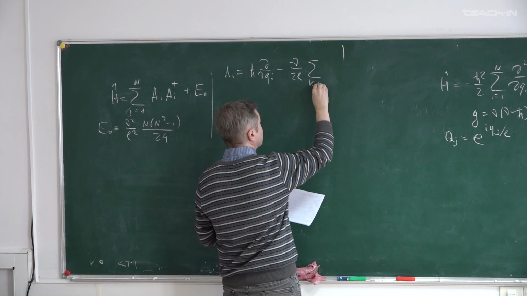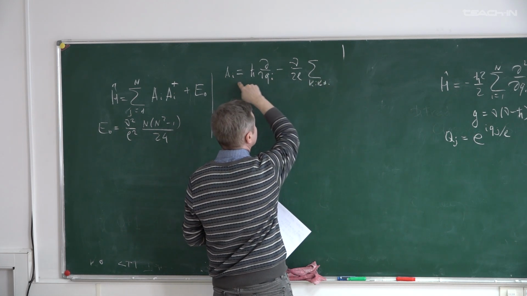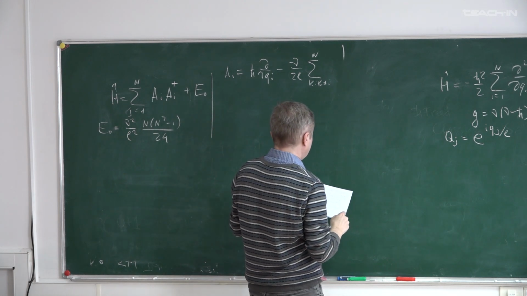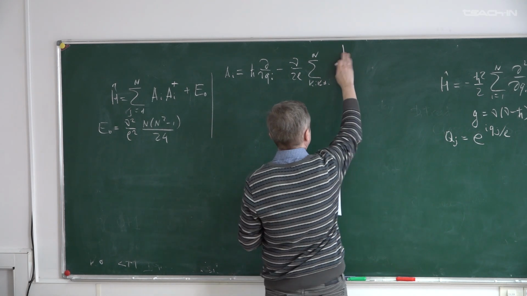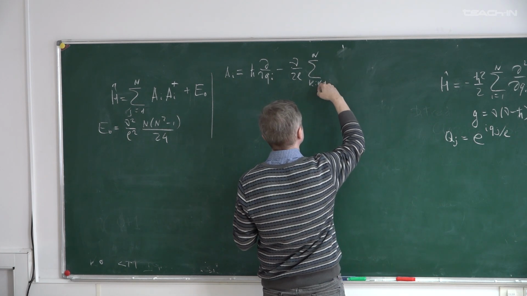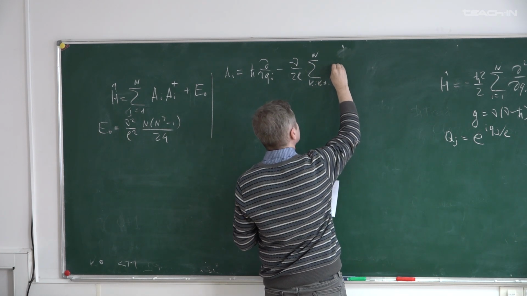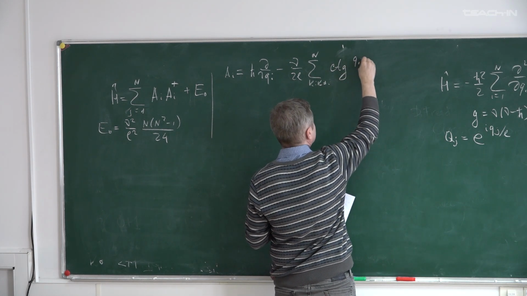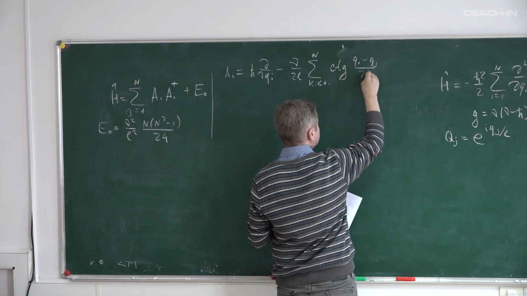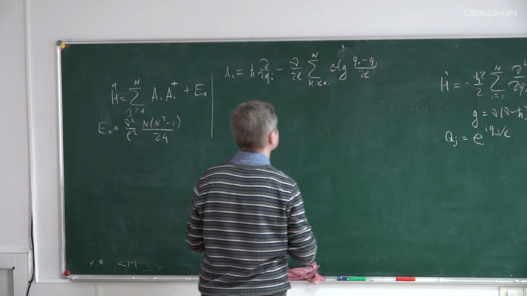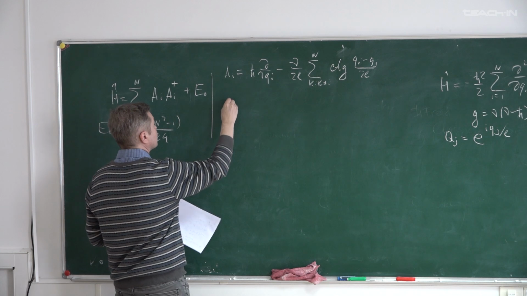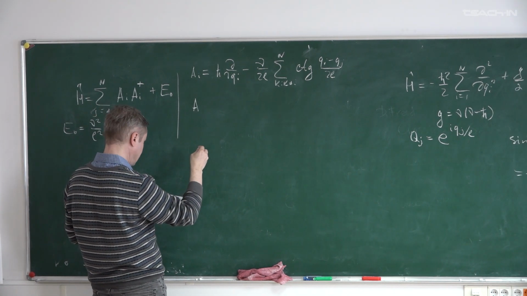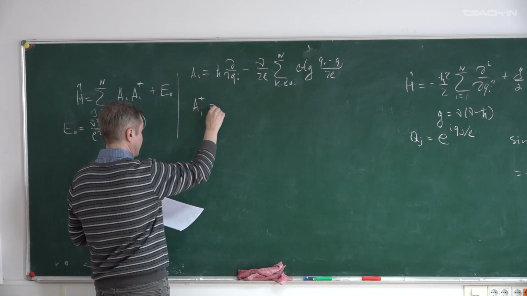The sum is over k not equal to i from 1 to n, and here we have a cotangent of (qi minus qj) divided by 2. The creation operator is almost the same.